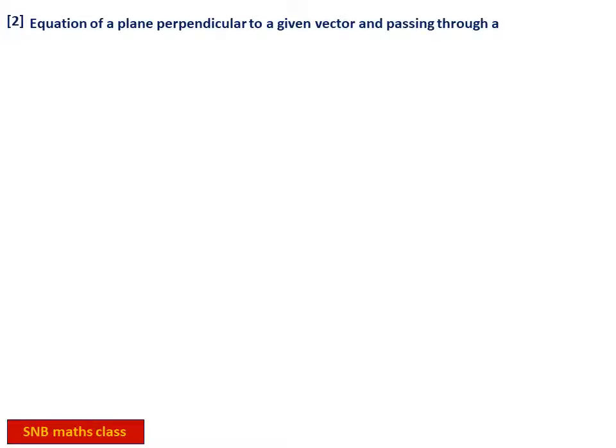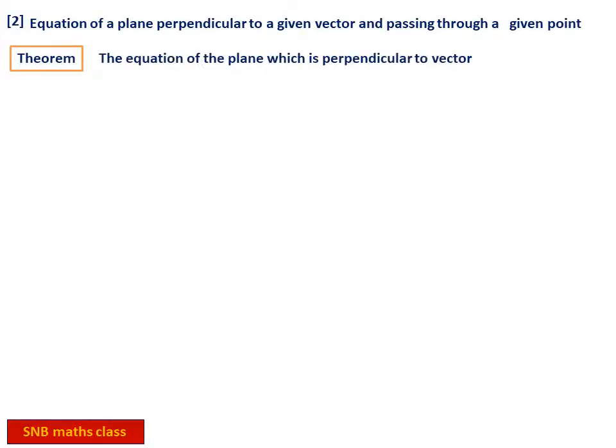So case 2, the equation of a plane perpendicular to a given vector and passing through a given point is given by this.